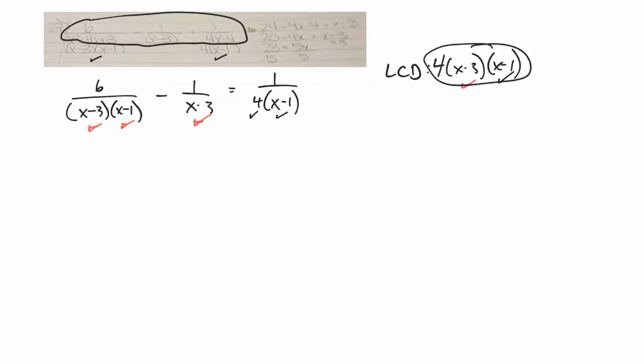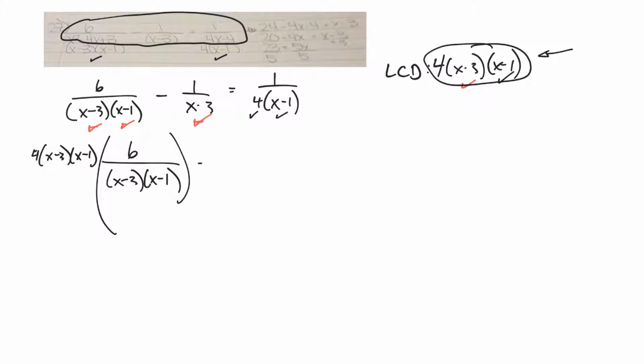Now I'll take each one of those terms and multiply it by that lowest common denominator. This step looks ugly, but as long as you can get the lowest common denominator, then the rest of it's okay. So I'm going to go 4 times (x minus 3) times (x minus 1), and I'm multiplying that by the first term, 6 over (x minus 3)(x minus 1).